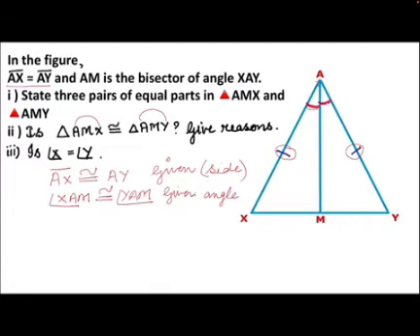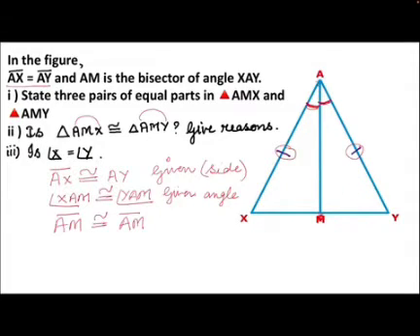Next, the next part is AM is congruent to AM. You must be wondering what that is. So this AM, which is the bisector, is common to both this triangle and this triangle.